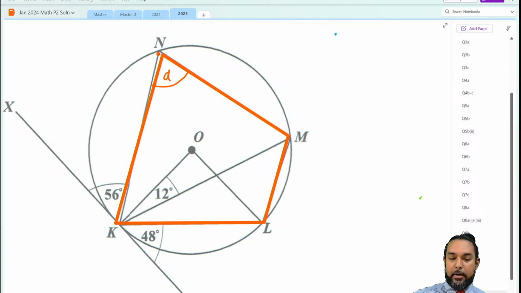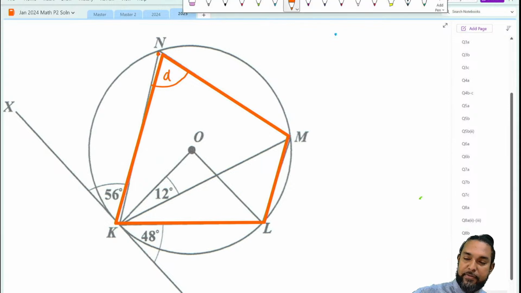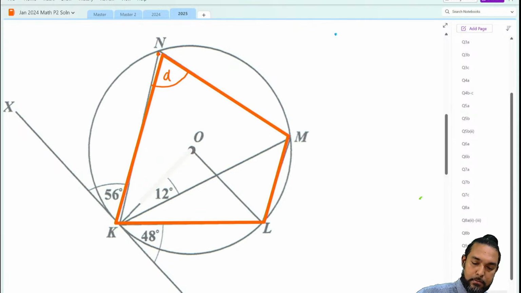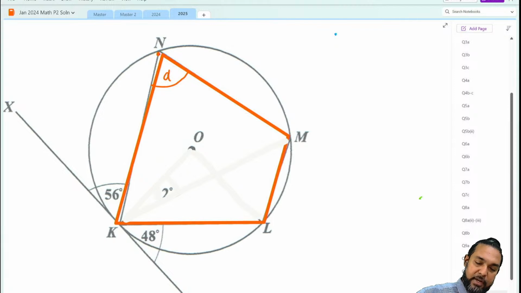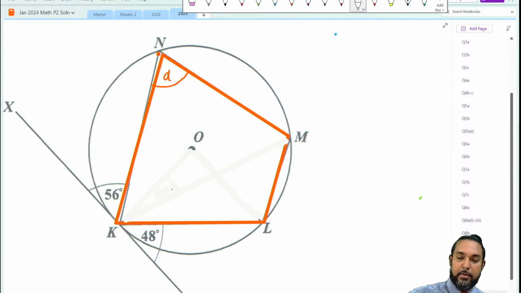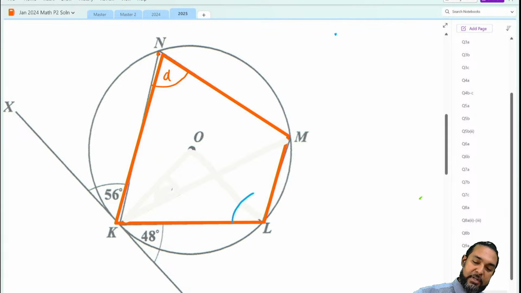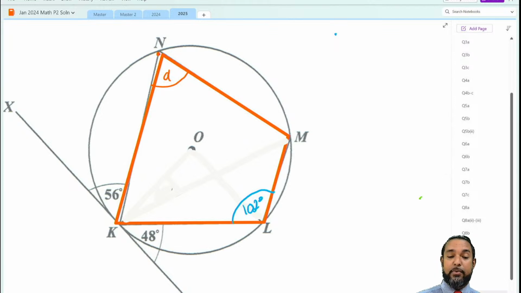If we blank out the stuff in the middle, are we seeing the cyclic quadrilateral? And what's the rule? The opposite angles of a cyclic quadrilateral are supplementary. What does that mean? It means that if you add them together, you get 180. So D plus 102 is 180 degrees.